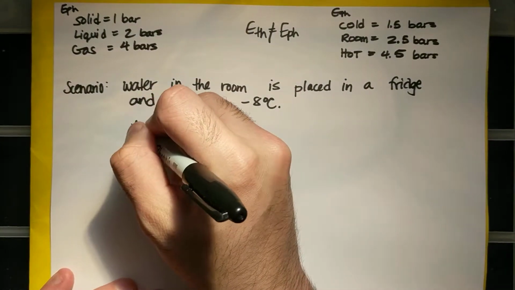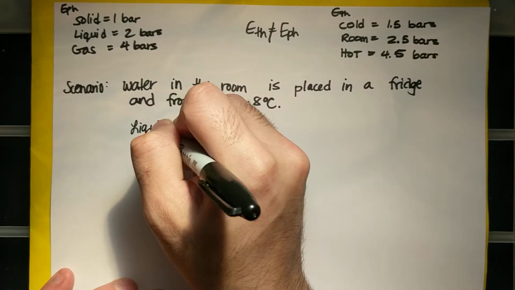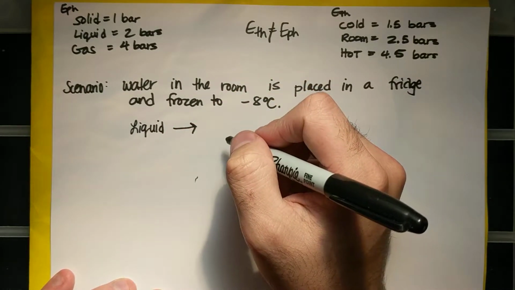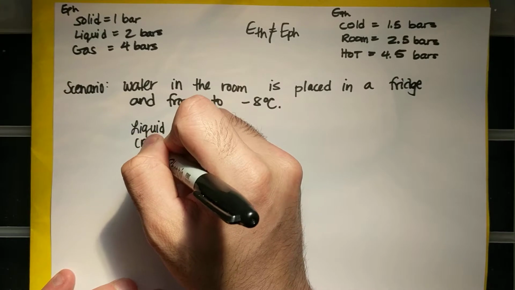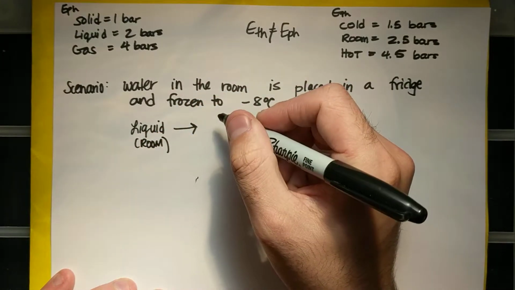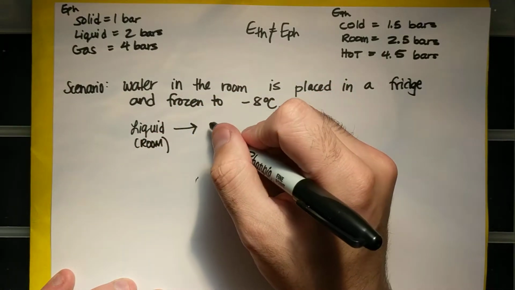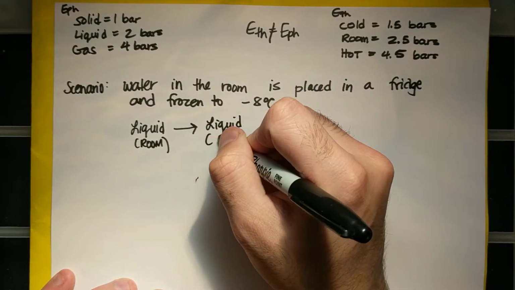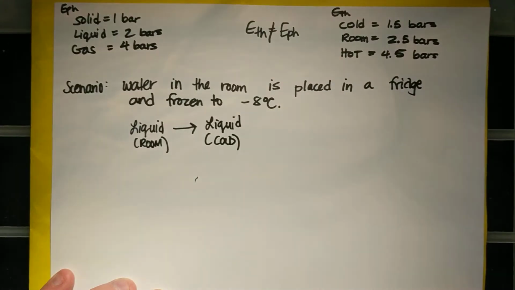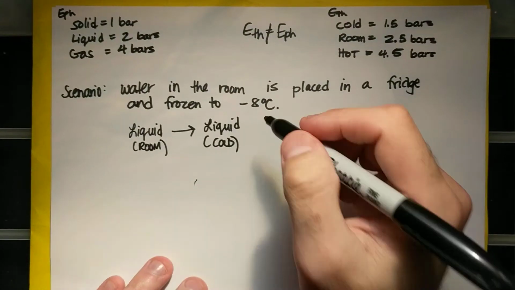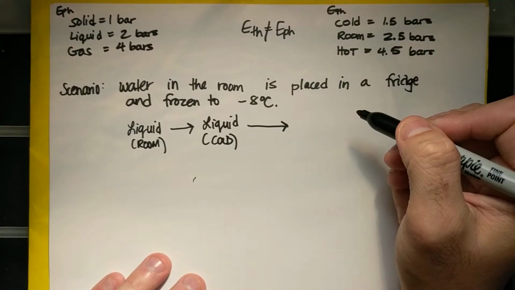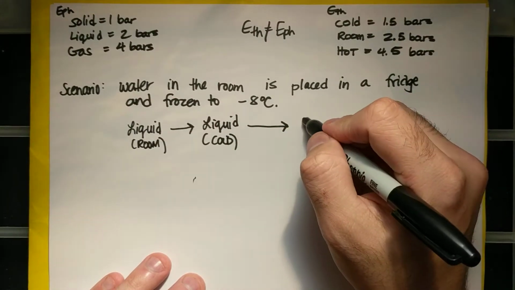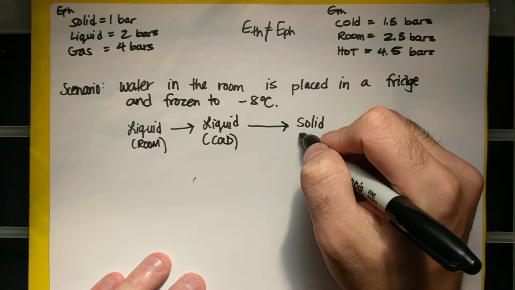We have liquid water, and in order for it to get frozen, and it was in the room, so it's room temperature water, in order for it to get frozen, it has to change temperature. So I have liquid water to liquid cold, and then eventually, now that I've got it to be cold, it's got to go from liquid cold to solid cold.